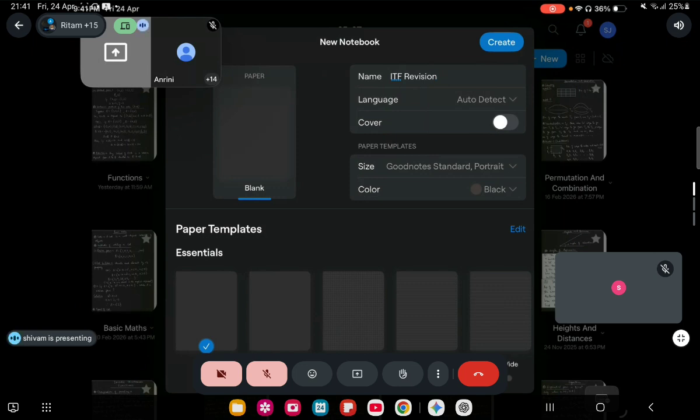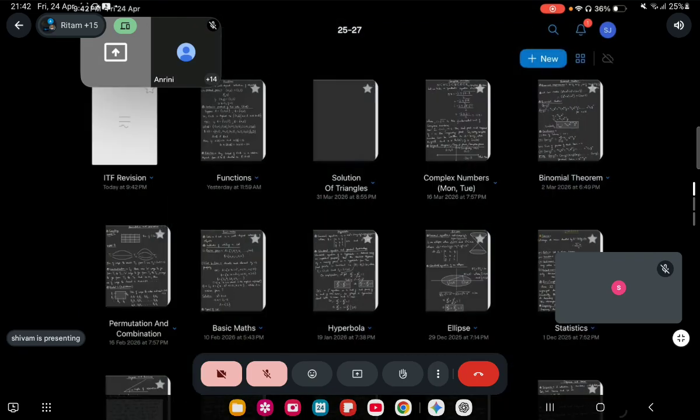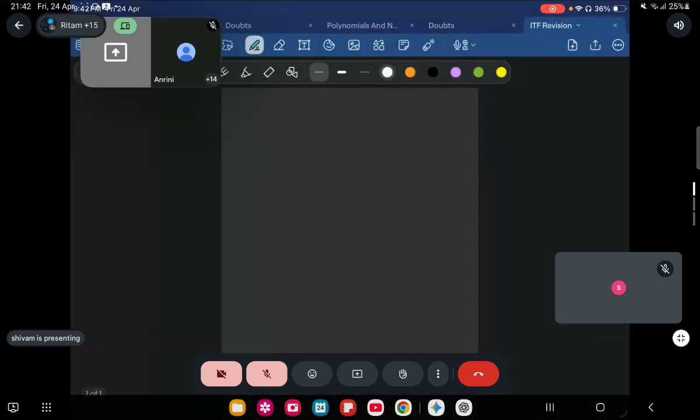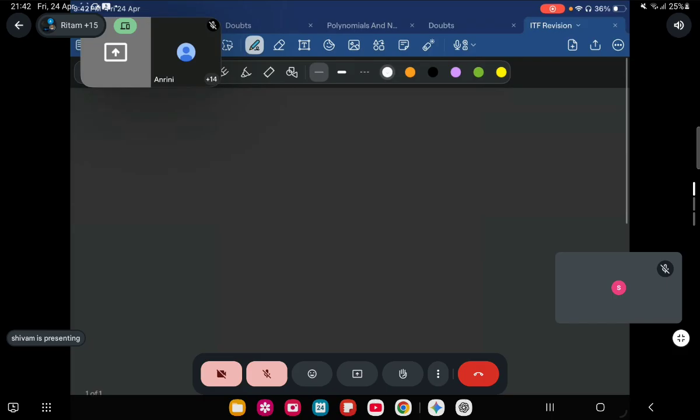Okay, let us start. Inverse trigonometric functions. So everyone, there are a few points. I'm going to write it once again.